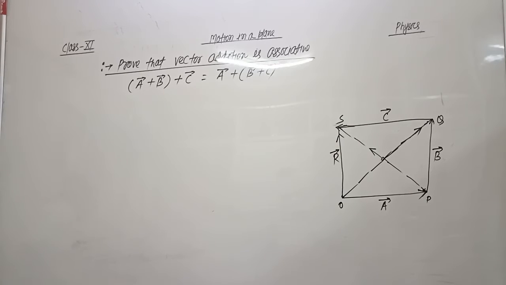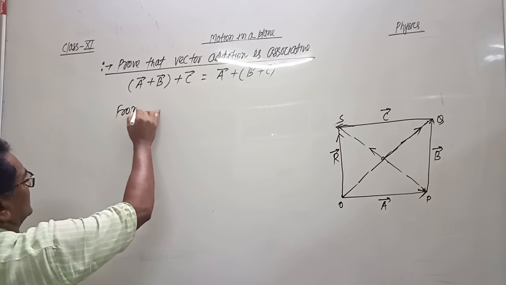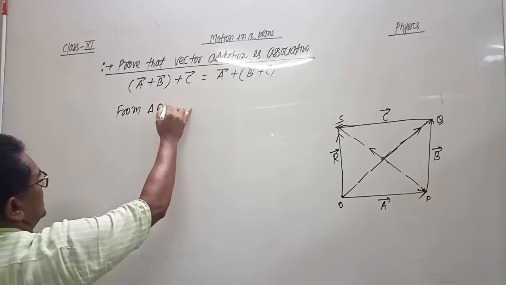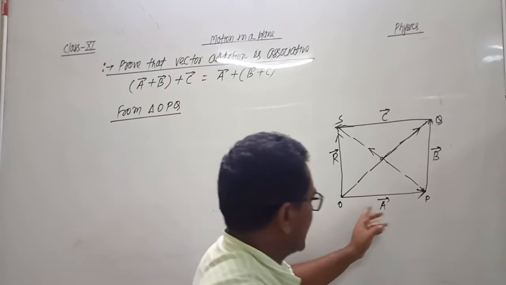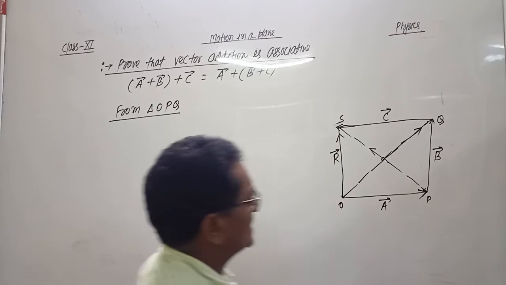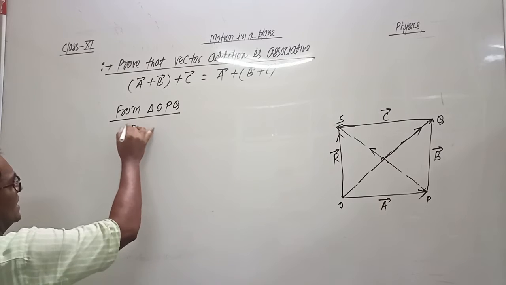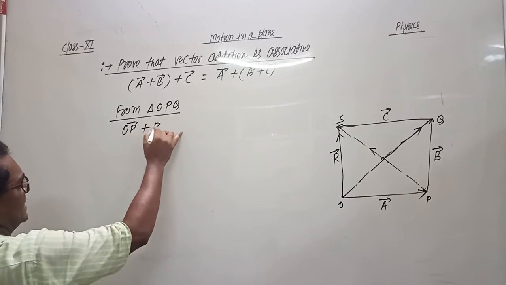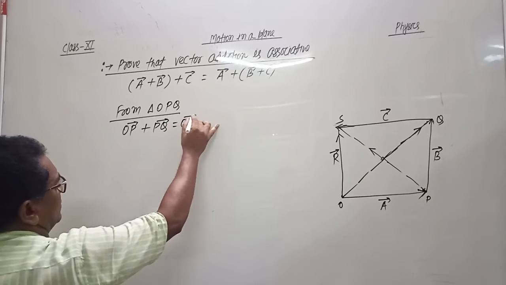Now in triangle OPQ, we use the triangle law, and we say that OP plus PQ equals OQ. From the triangle law, vector OP plus vector PQ equals vector OQ.